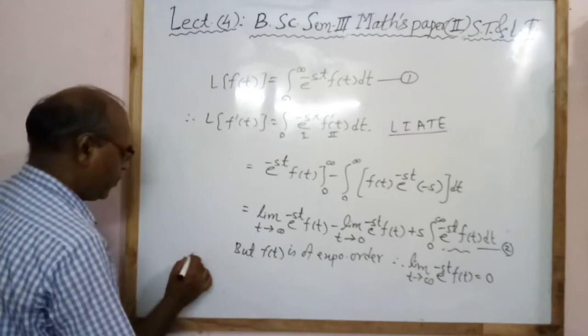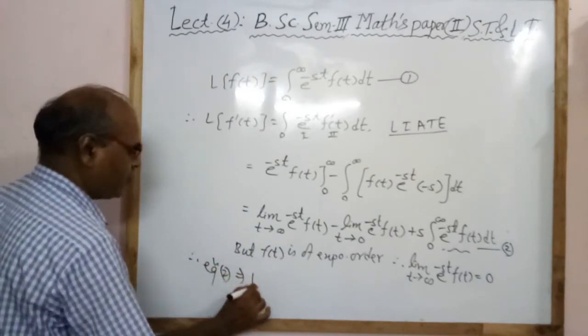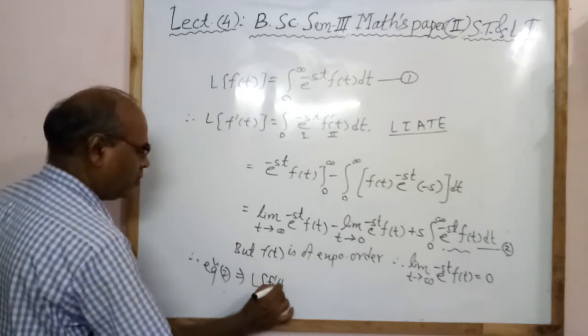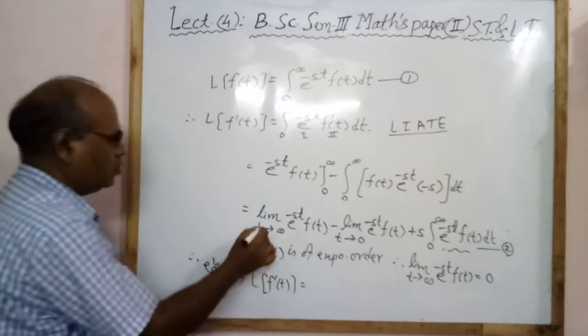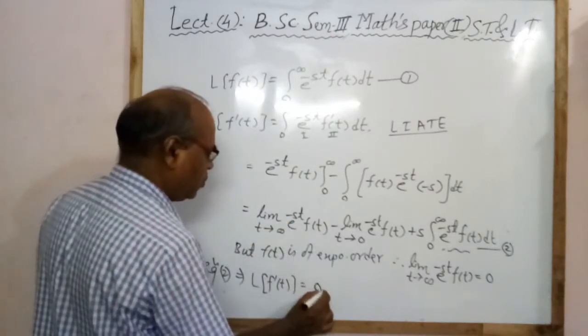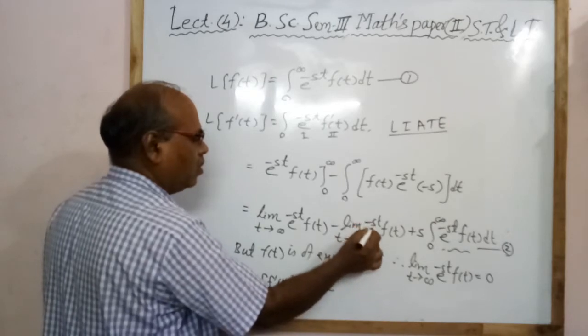Therefore, equation 2 implies Laplace of f dash of t equal to the limit of the first term, which is 0, minus the value at t equal to 0.